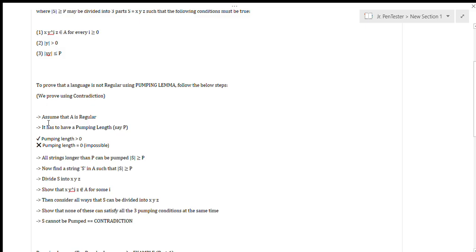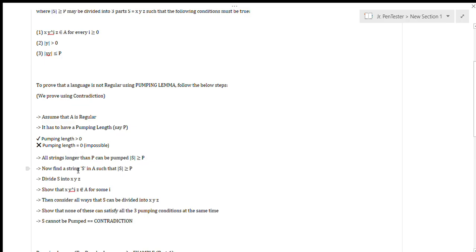Following the methodology, after assuming that our language is regular, we say that it has to have a pumping length, say P. As I said, we could select any arbitrary value for P which has to be greater than 0. It cannot be equal to 0.